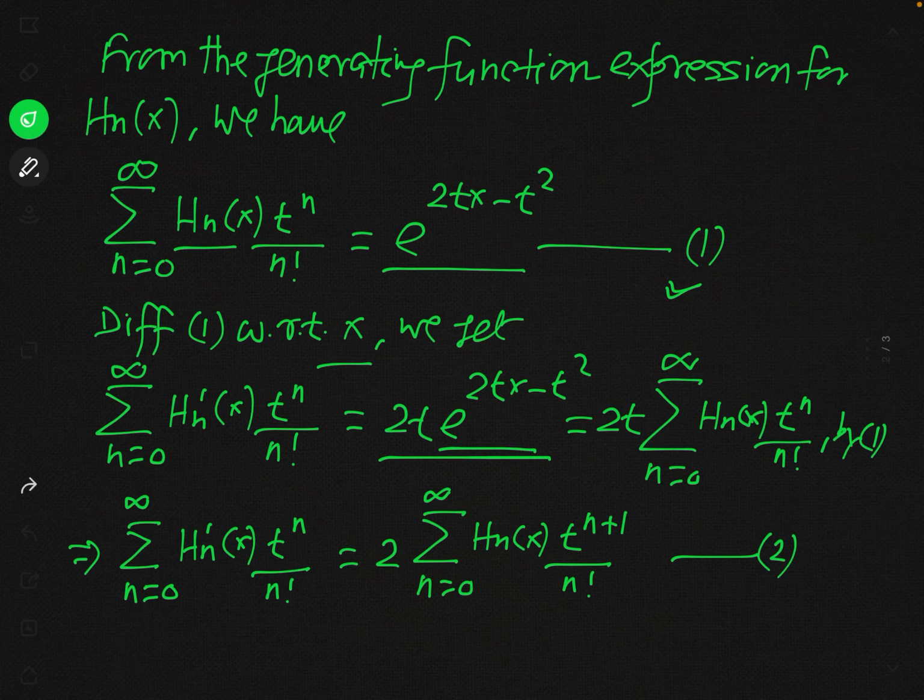But in RHS, there will be t raised to the power 1 because n is now taken 0. So it means in RHS there is no term containing t raised to the power 0. So in this condition you can say that the coefficient of t raised to the power 0 in RHS is 0, so Hn prime of x, which will be now H0 prime of x, will be simply equal to 0.